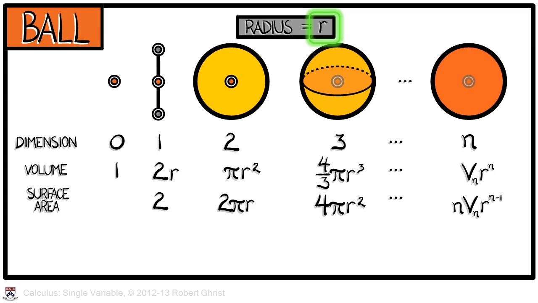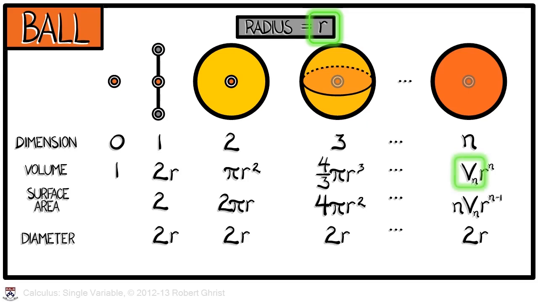In fact, in the n-dimensional case, it's n times v sub n times r to the n minus 1. You'll be able to prove that result in multivariable calculus. What's the diameter? Well, in all cases, it's equal to 2 times r, or in the unit case, 2.